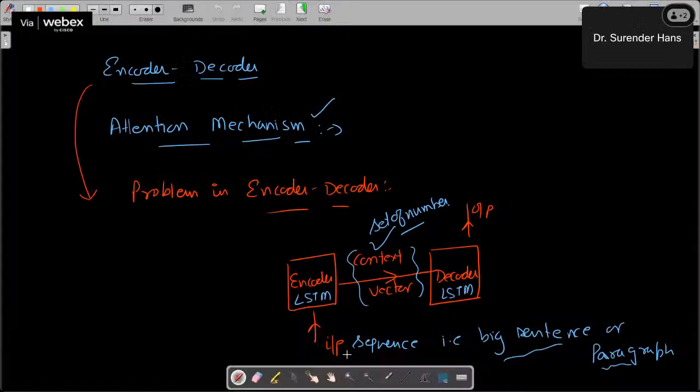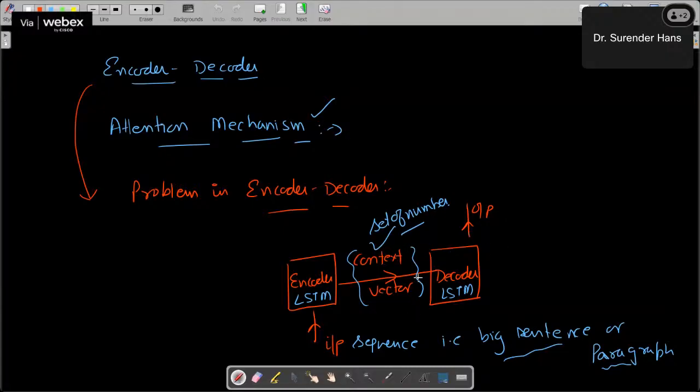The context vector makes a summary, and as it is a vector, it is called a context vector. Context means it reflects the meaning, or the summary, of this entire input sequence, the input sentence.